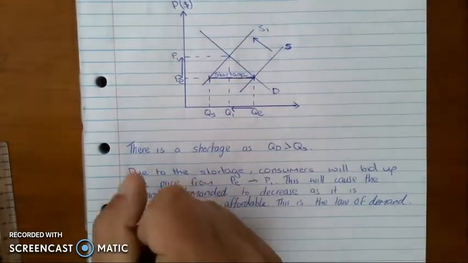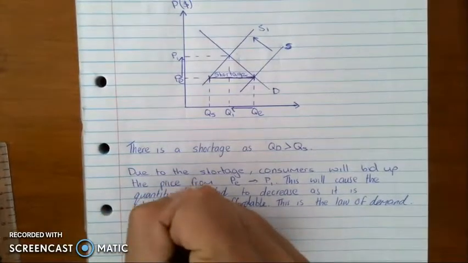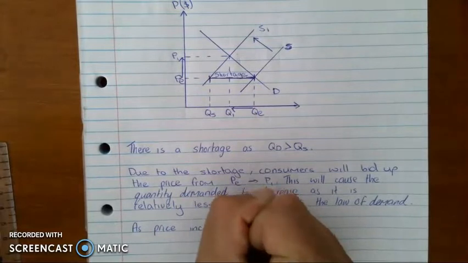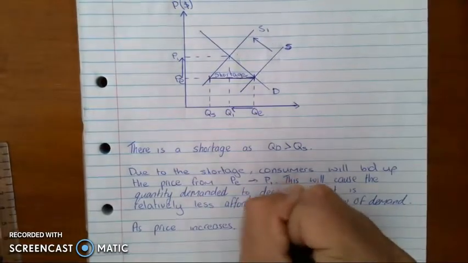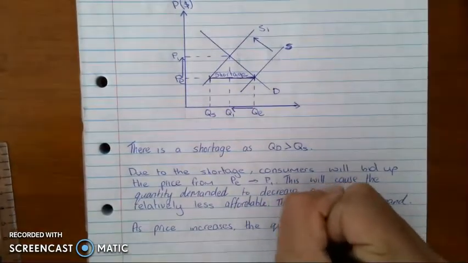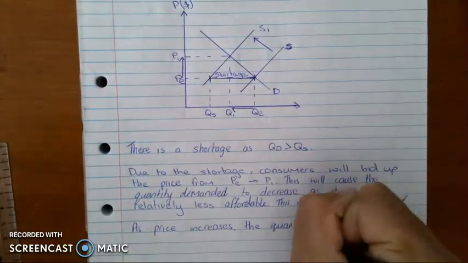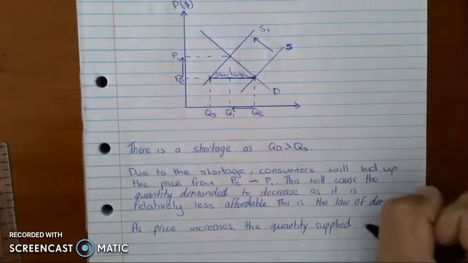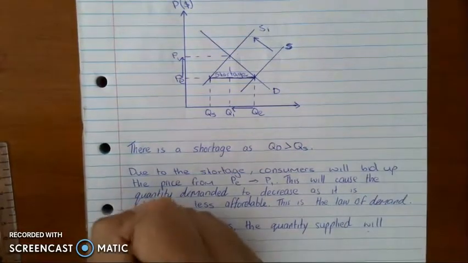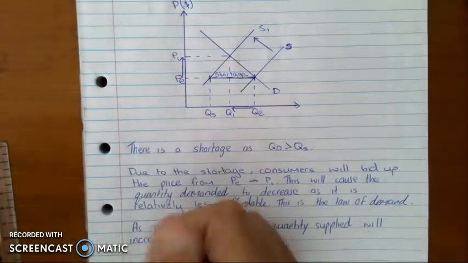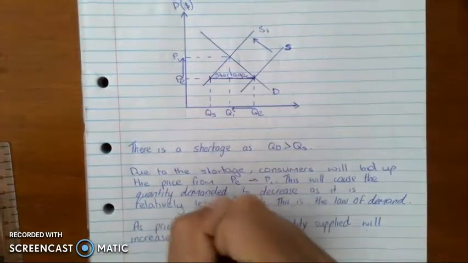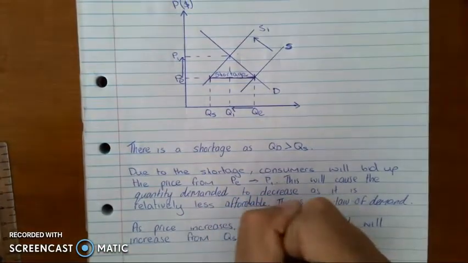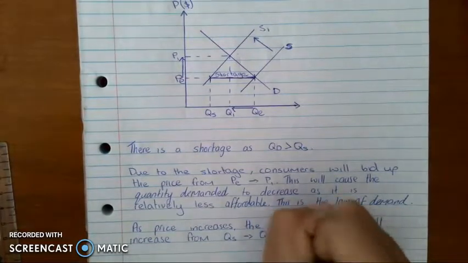So as price increases, the quantity supplied will increase from QS to Q1.